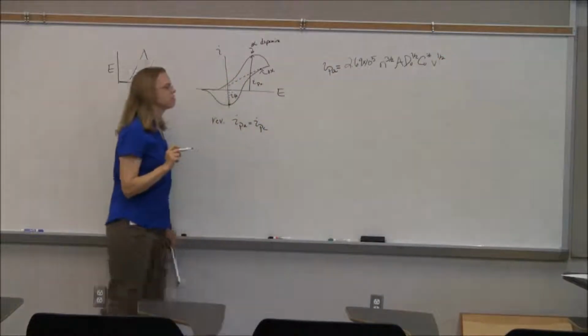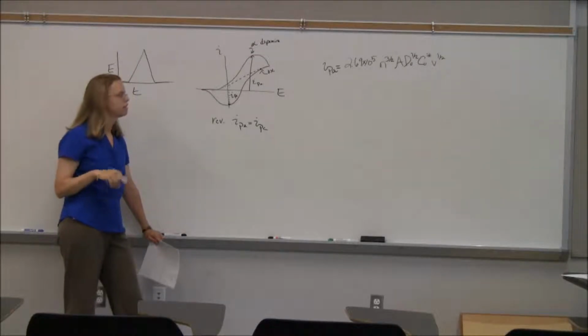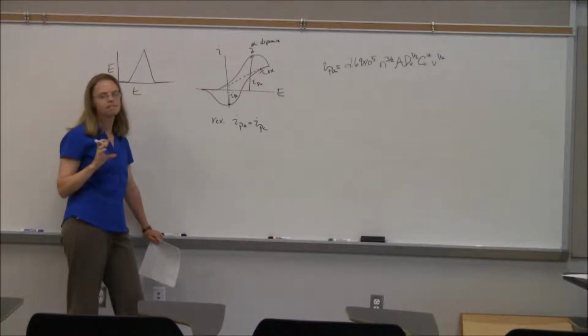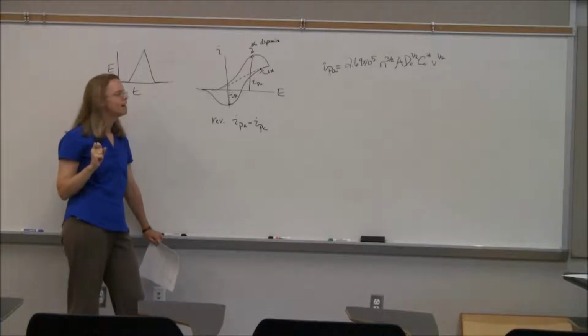So it turns out you can write an equation for the peak current at this cyclic voltammogram. It has some funky constant, n to the 3 halves. Gotta love that.